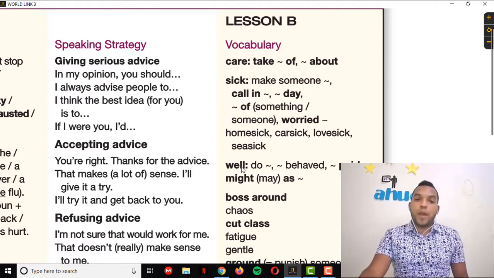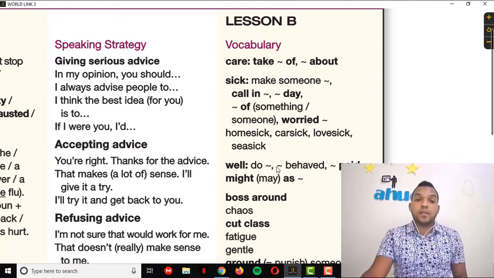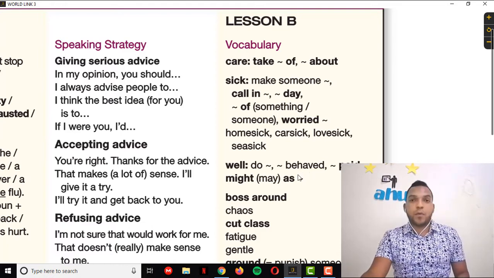The other one is well. For example, do well. This is when you say, "Oh my gosh, I did well in the test," or well behaved. Well behaved is, for example, you as a student, you need to have good behavior in the class.